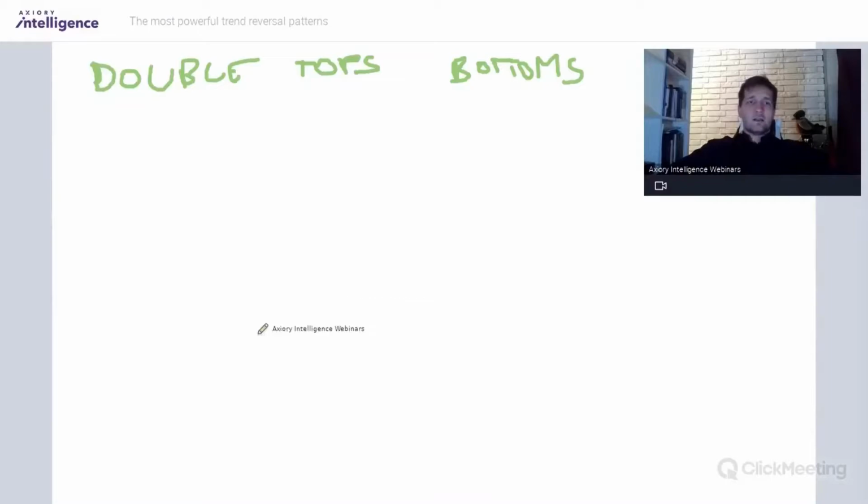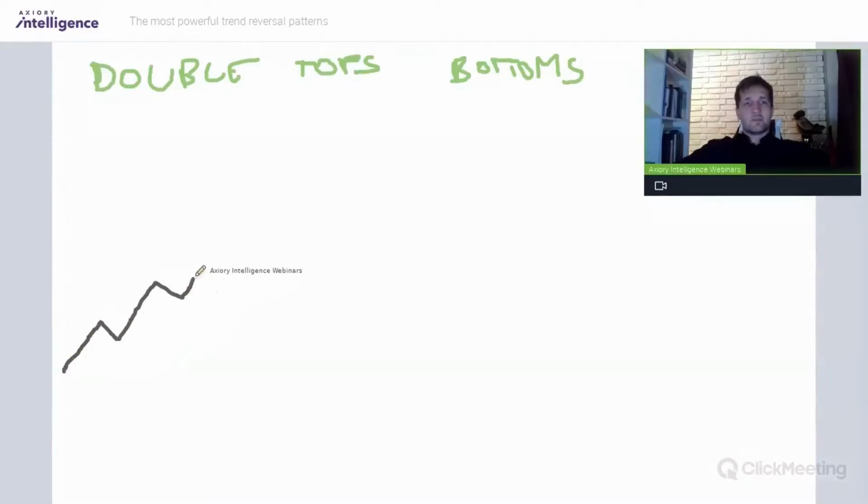So today we talk about trend reversals. So we need a trend. This is a bullish trend. Price is making higher highs and higher lows. As long as the price is making higher highs and higher lows, there is still an uptrend, right? When the price stops to make higher highs and higher lows, it means that the downtrend starts.